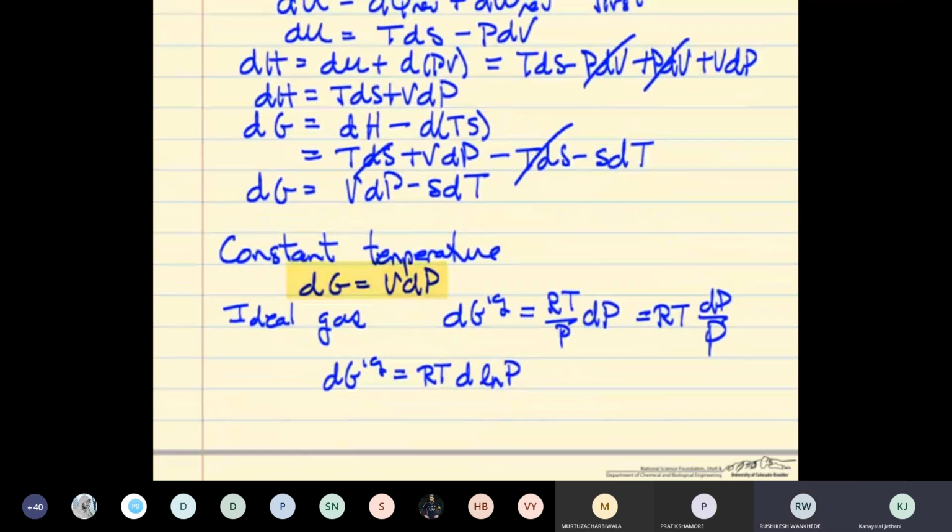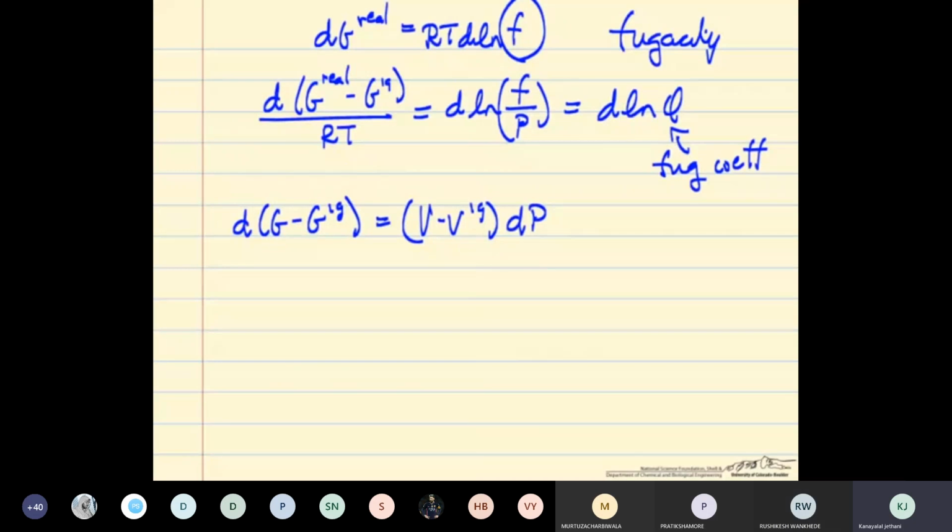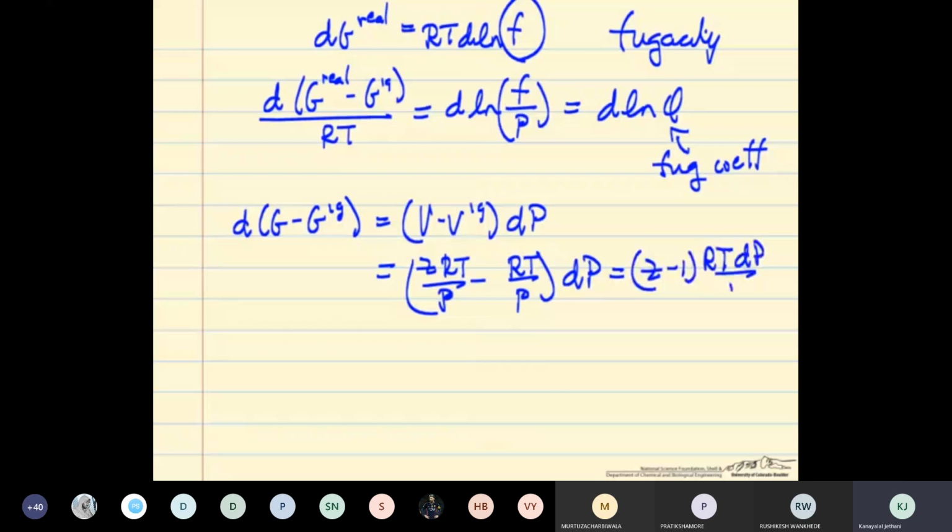So if we go back and remember that our constant temperature dG is VdP, we could subtract that equation for the real gas and the ideal gas, and write this in terms of a compressibility factor Z, which is 1 for an ideal gas. So Z minus 1, dP over P, tells us this difference between ideal gas and real gas.